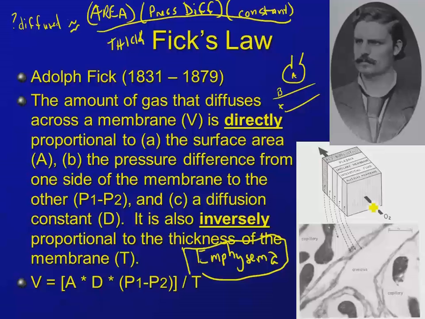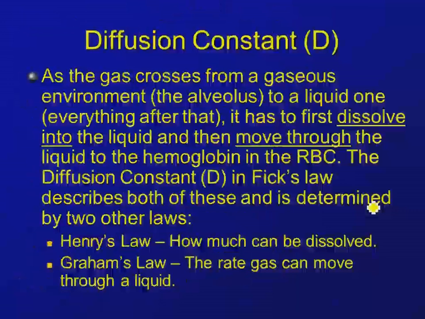There's also this constant that is kind of funky, so let me just talk briefly about this diffusion constant. Each gas, and remember, every gas is unique. The two primary ones we're focusing on are oxygen and carbon dioxide.